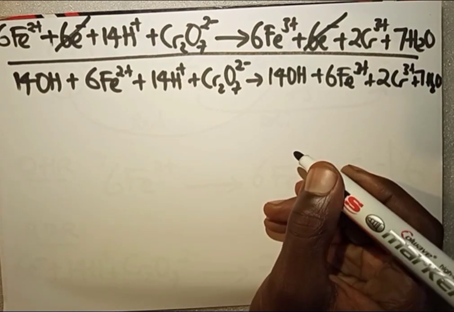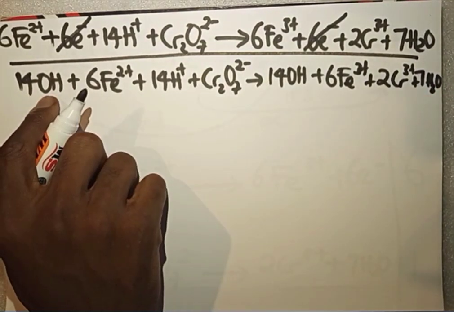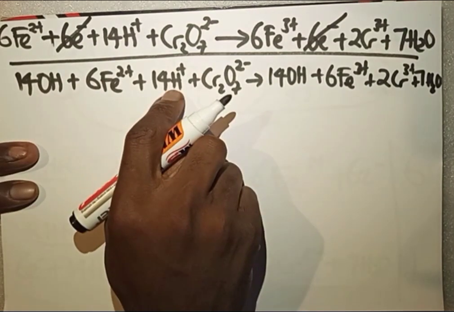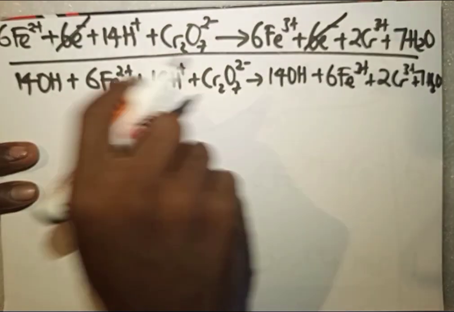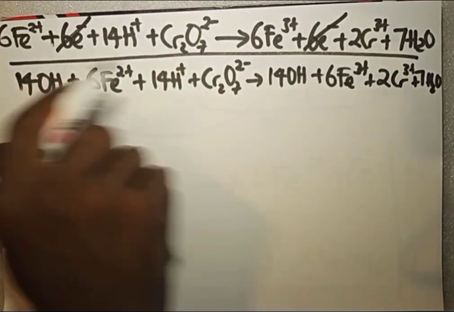So now what will happen? We have 14 hydroxide ions, we have 14 hydrogen ions. Hydrogen and hydroxide will add to make water.